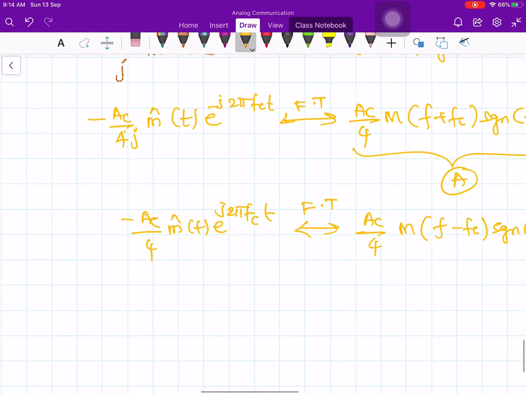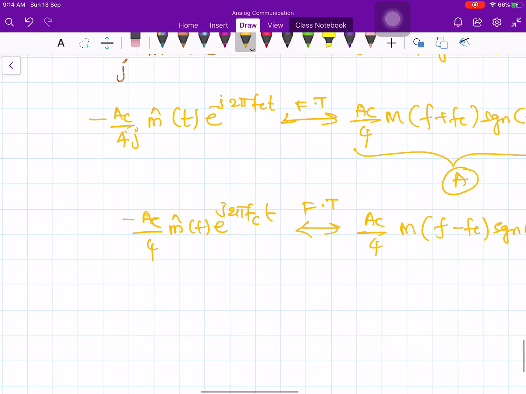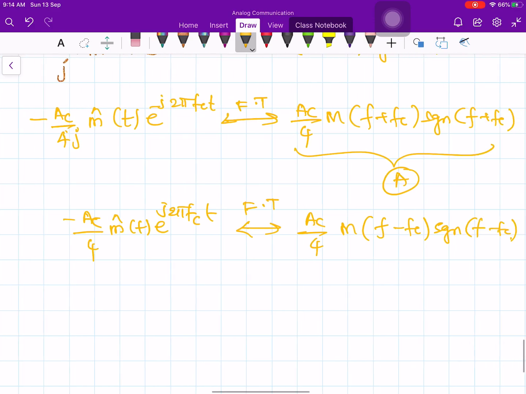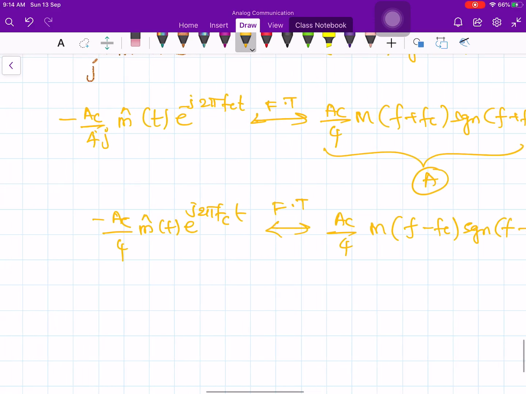Fine. So you have minus A c by 4 m cap of t e to the j 2 pi fct, this guy, and this guy has one more minus sign. If you multiply minus here, this will become plus. Why does this minus sign come?